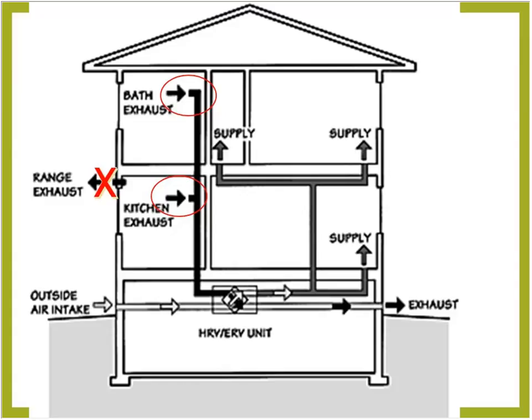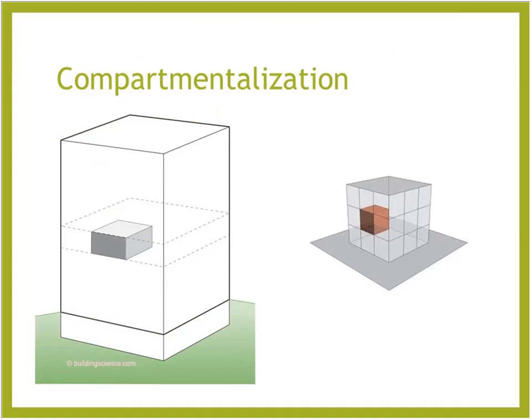If you use the HRV or ERV unit, you can make up the bath fan exhaust that's going outside and run it right through the HRV or ERV. And if you get enough makeup air in the kitchen, and you can follow the ASHRAE standards to do that, you can actually eliminate that range hood or put the ERV exhaust right there as well, and in that sense, capture that wasted air.